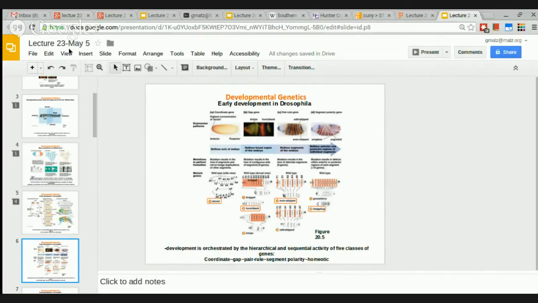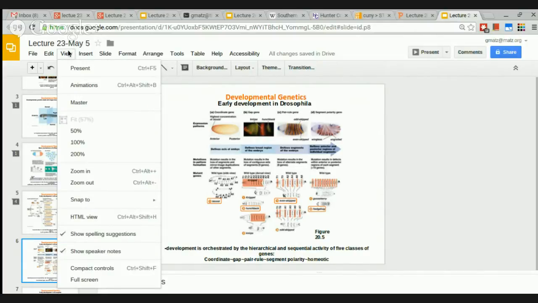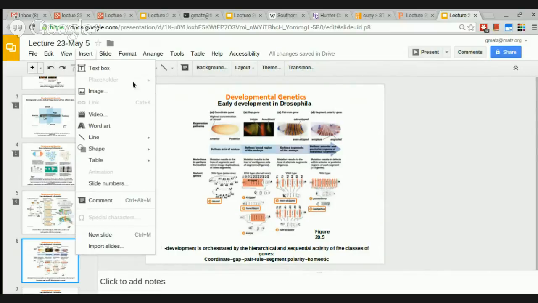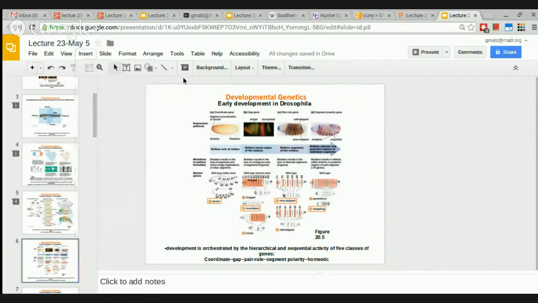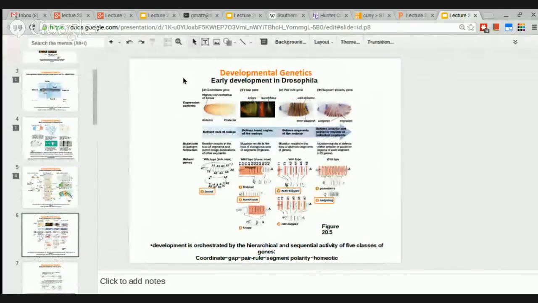So you have category 1, which act early, category 2 later, etc. So in all, we define 5 categories of genes that act in a hierarchy. First, the category 1 genes have to act, and then sequentially the different categories of genes are activated.